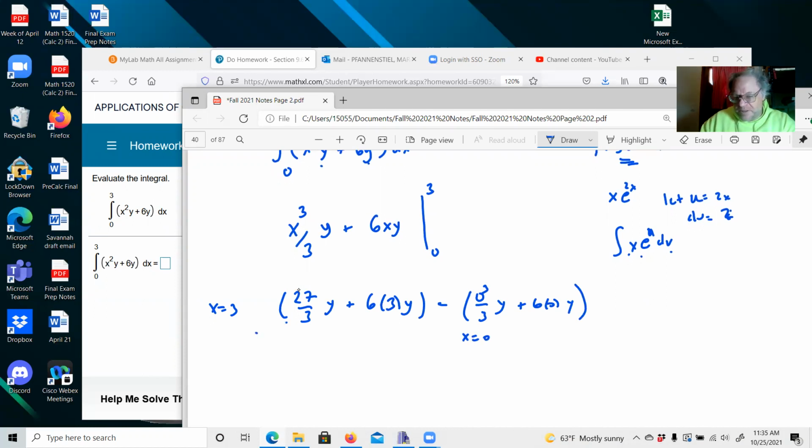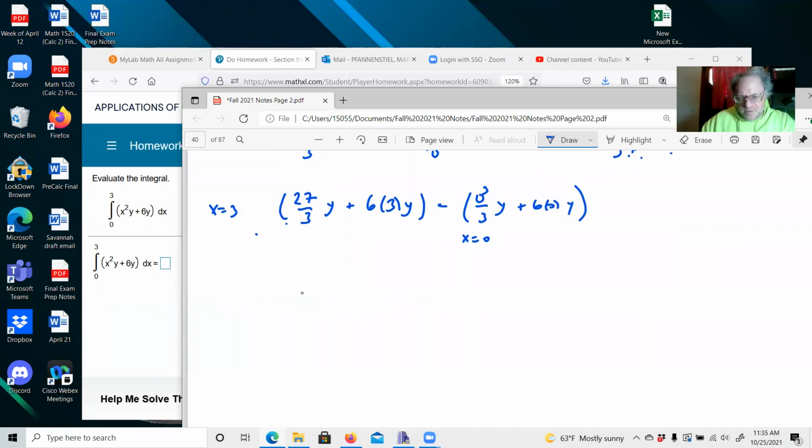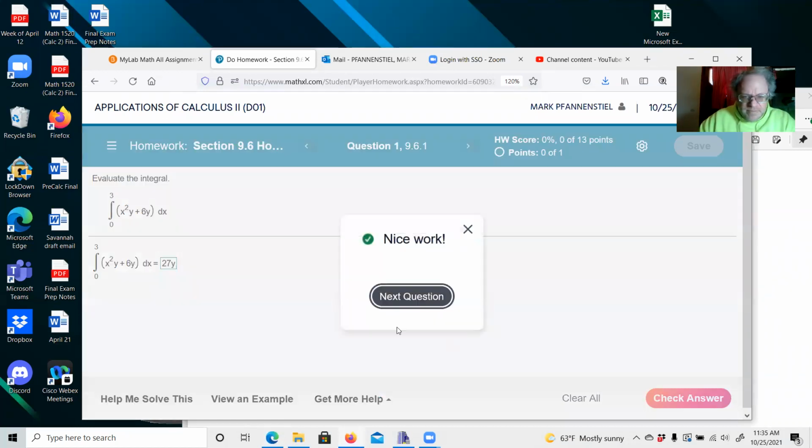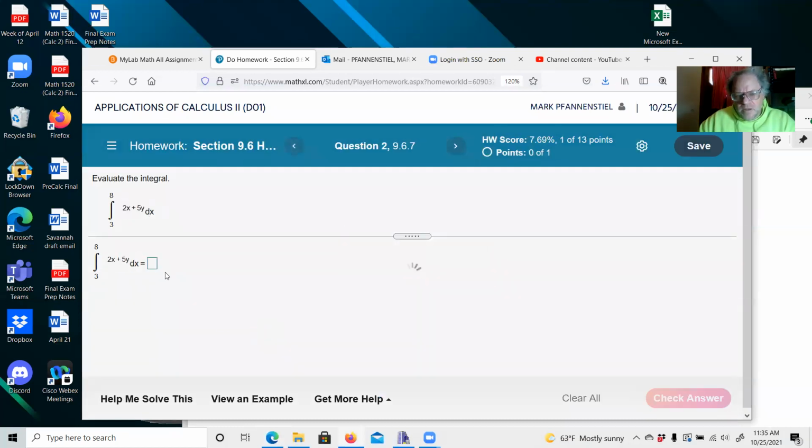What is 27 over 3? It's 9y plus 18y, minus 0. So this whole thing, 9 and 18, is 27y, and that's what they are looking to see. We use this a bit in probabilities.